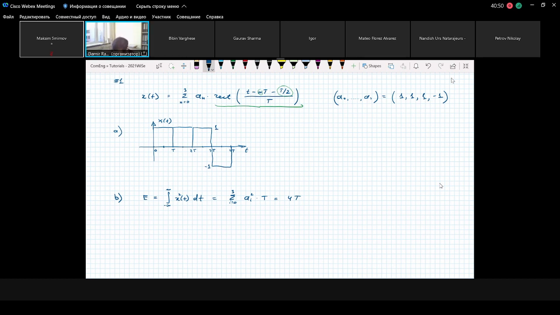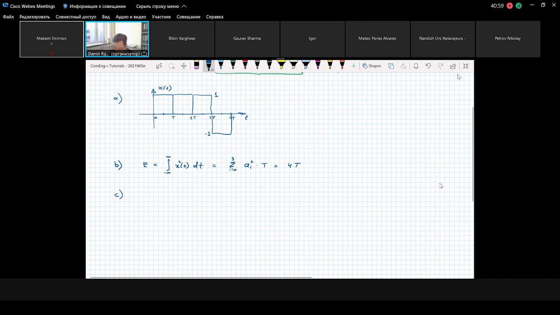So then we go to part C. We need to draw the corresponding autocorrelation function for this finite series of pulses.